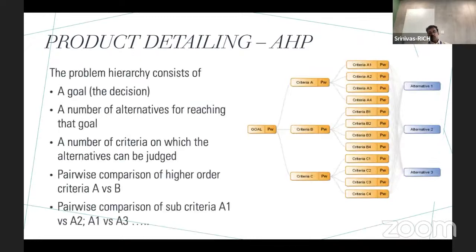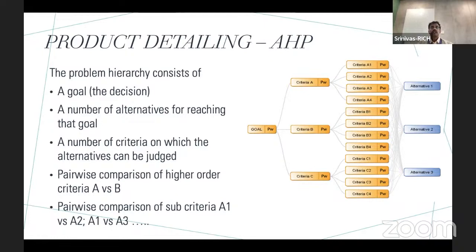Okay. So to explain that, I've taken a visual from the AHP manual. Over here, there's a goal which is on the left-hand side, and there are multiple criteria which you have to qualify to meet the goal, right? So we say criteria A, criteria B, criteria C, all these have to be met for me to say I have succeeded in achieving the goal, right?